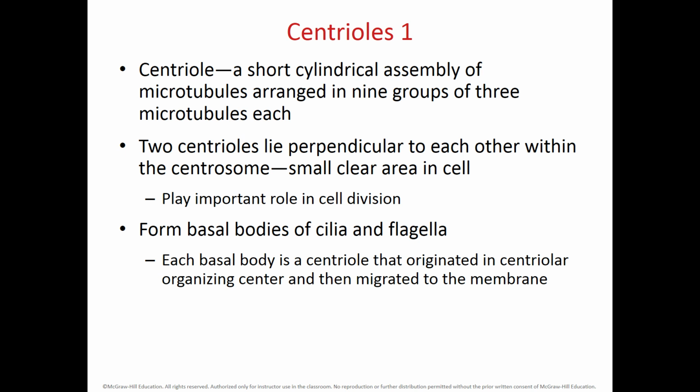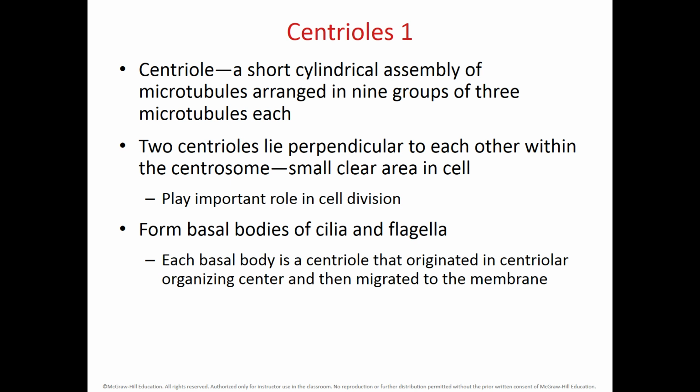And these centrioles play an important role in cell division because as the cells are dividing, they migrate to opposite poles of the cell, and then they form a structure together with the microtubules that bind to the center of the chromosomes, called the mitotic spindle, and then you separate the chromosomes into 2 daughter cells.